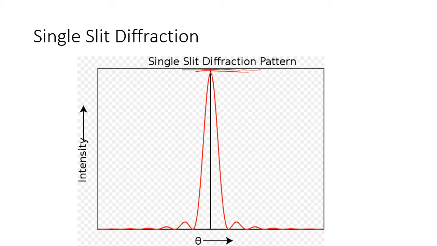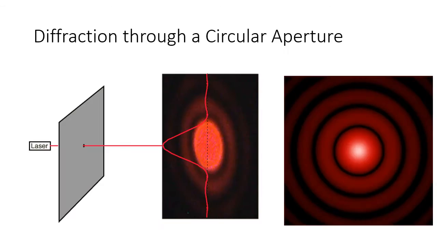A bit later on, I'll give you an example of some of the numbers involved, and you'll get an idea that the amount of diffraction we're talking about is absolutely tiny. But it's enough to put a fundamental limit on the ability of telescopes to tell stars apart. So that was single slit.